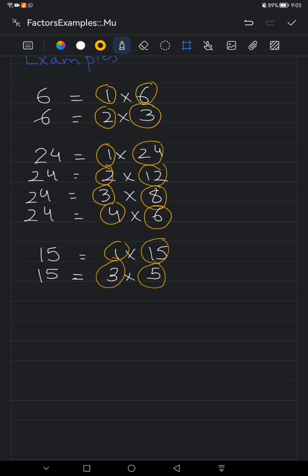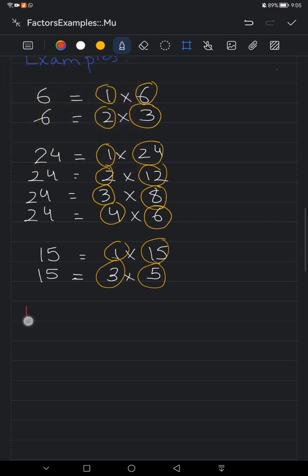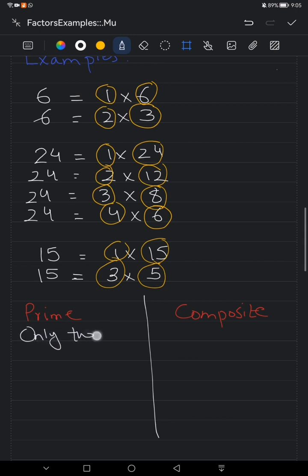So if we sum up whatever we have learned today regarding composite and prime numbers, let's summarize this. Prime has only 2 factors, 1 and the number itself.